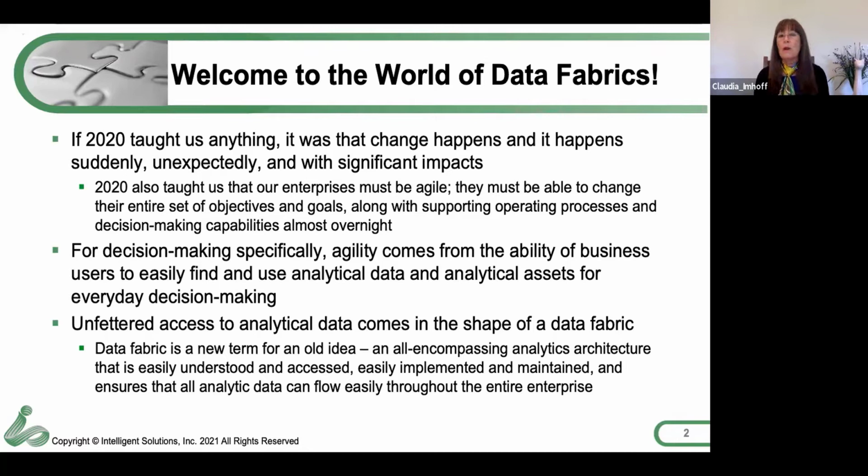Where's my market going? Where are my customers going? Are my products moving? How do I sell them without a physical store anymore? And so on and on it went. Unfettered access to the analytical data. It comes in the shape of a data fabric, and that's what we're going to be drilling into in great detail over the next hour.